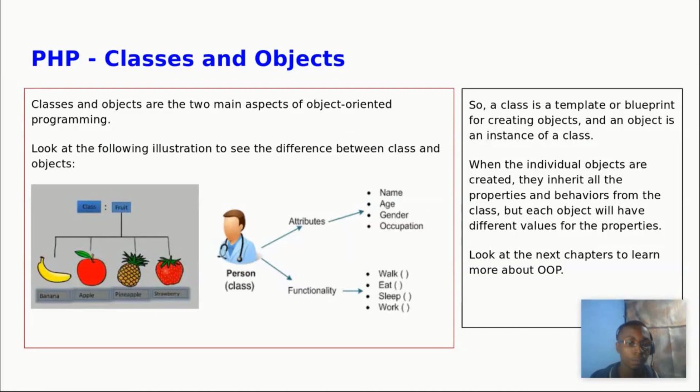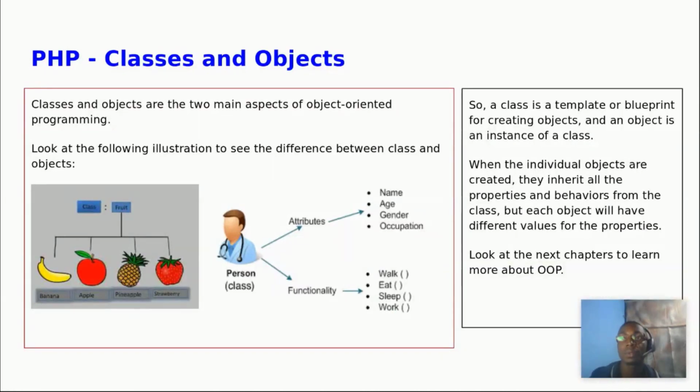Now, just like we had already mentioned, classes and objects are two main aspects of object-oriented programming. I mean, just as the name states, you hear object, meaning that we are creating objects. So our programming is inclined towards objects, right? Now, I want you to actually look at this diagram that we have here.